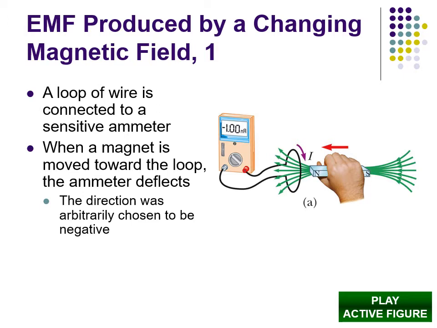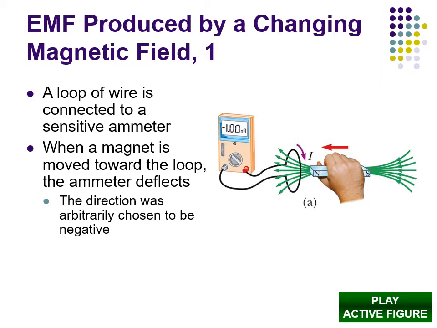So if you're increasing the amount of magnetic field going through that loop of wire, that means your fingers would wrap around the wire so that your fingers go through the loop of wire and then wrap around, because that would be the north end of the magnet would come around and connect back to the south end, right? And so you would be increasing the amount of flux going through there.